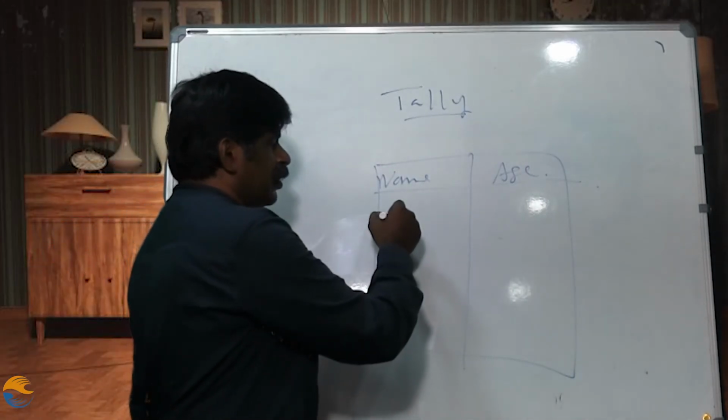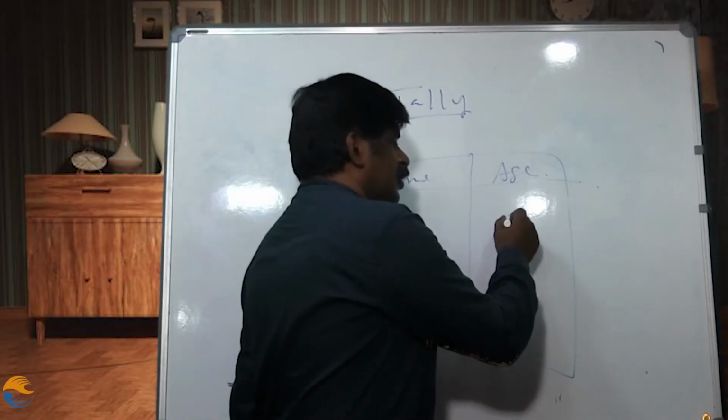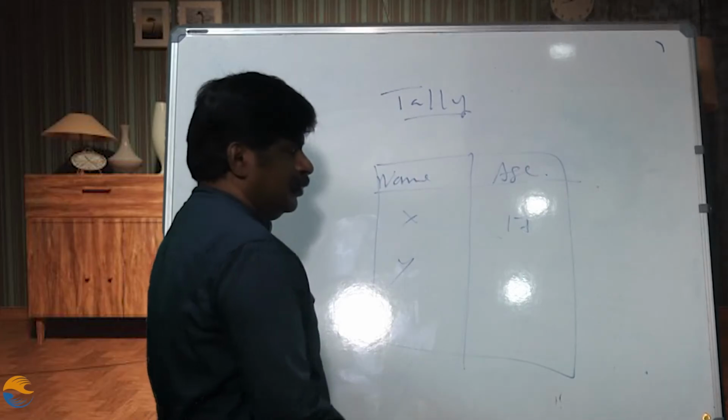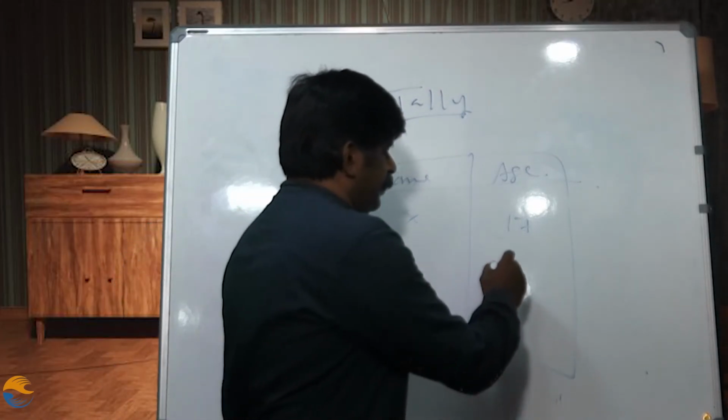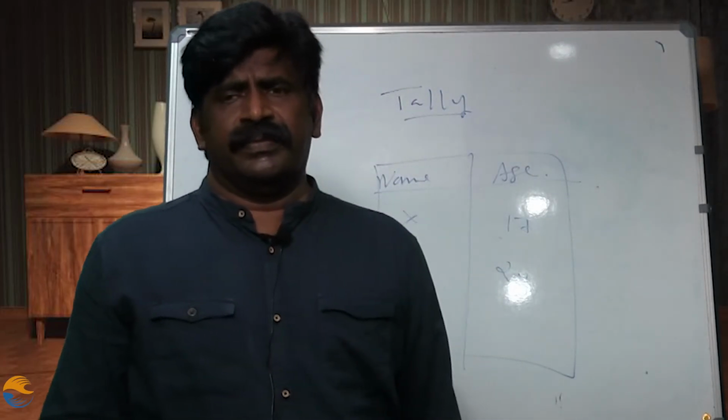Here the name will be recorded, X. His age 17. And another person Y. His age 20. So the tabulation style will be different.